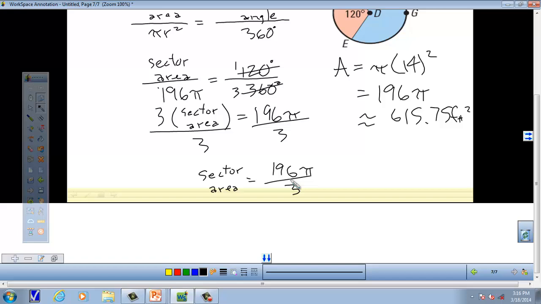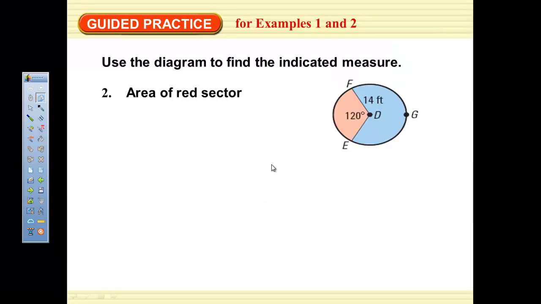And if we calculate that, we should get 205.25. Okay? And that would also be square feet. So you notice the whole area is 615.75. This part is 205.25.